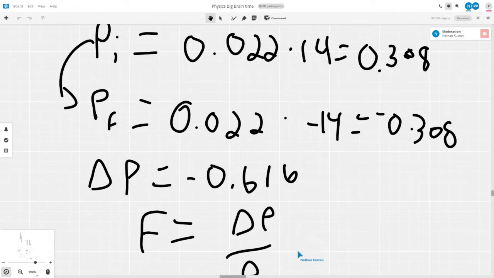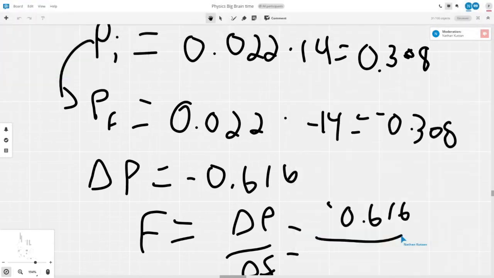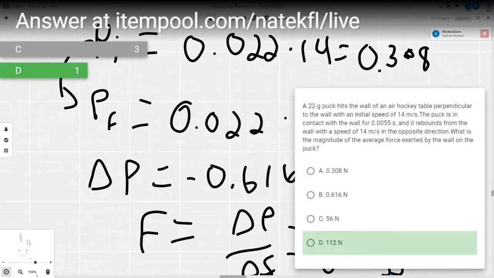We know that the change in momentum was negative 0.616. We know that the change in time from the question was 0.0055. And if you do that out, you get 112, specifically negative 112, but all of the answers are just magnitude. As it says in the question, what is the magnitude of the average force? So all the answers are going to be positive.